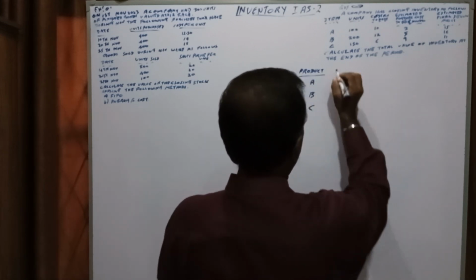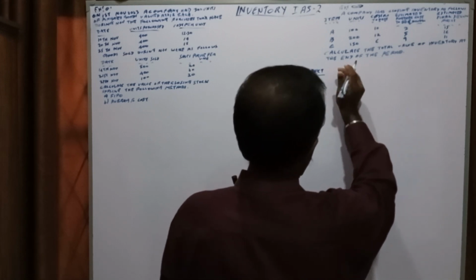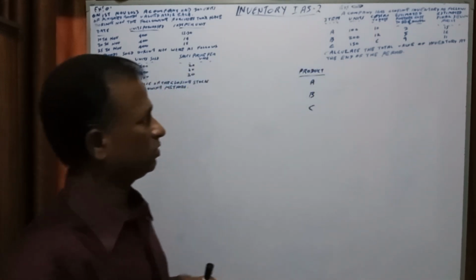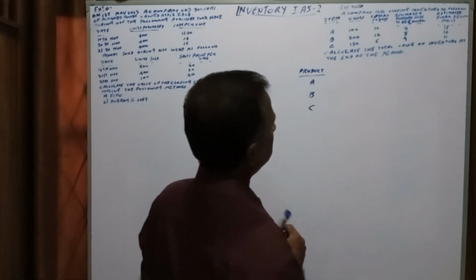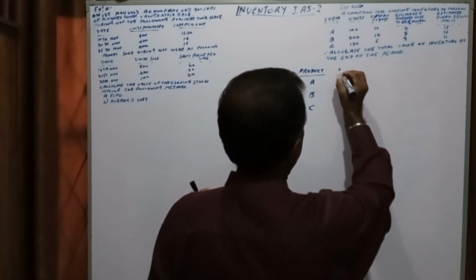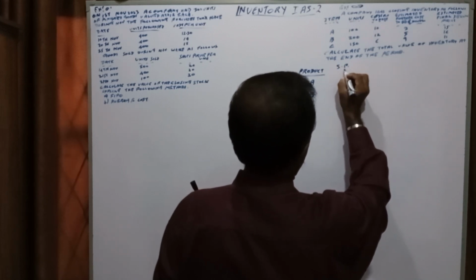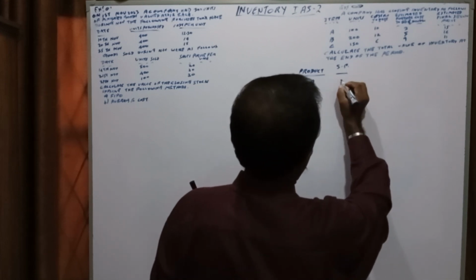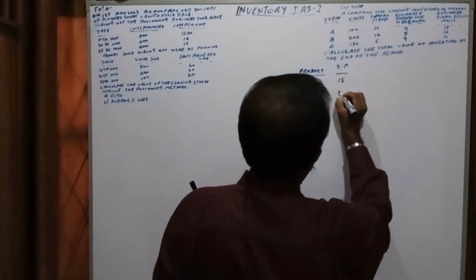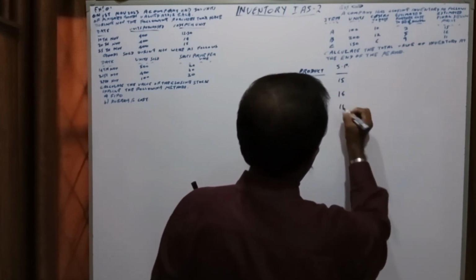Here, the cost per unit has been given. We can calculate the cost per unit later on. Here the estimated selling price per unit is 15 and 16 and 11 rupees, right?